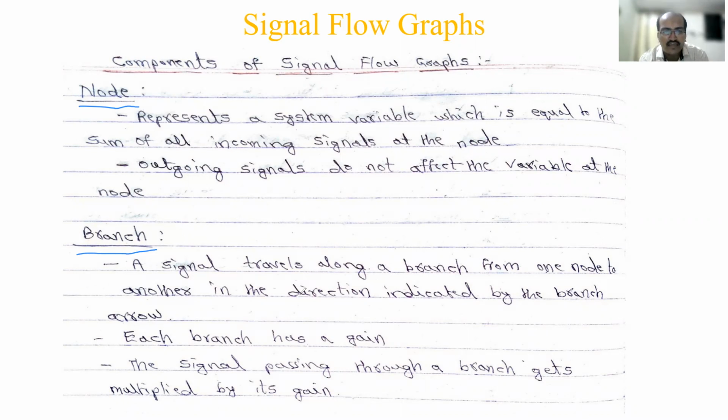And each branch has a gain. You have observed that. G, H, 1, -1, whatever value you are writing, it is called the gain of that branch. The signal passing through a branch gets multiplied by its gain. So that is about the two components in a signal flow graph.